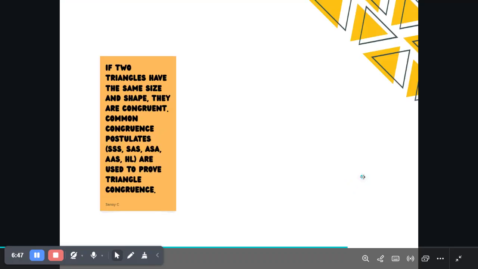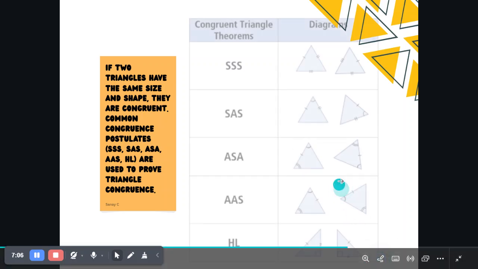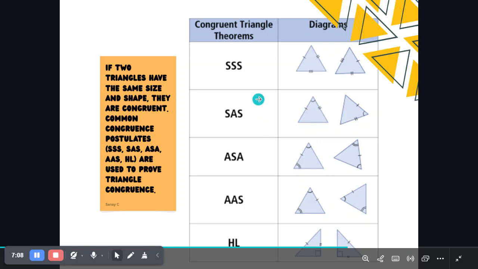we're going to go over the triangle congruence postulates. So if two triangles are exactly the same size and shape, they are congruent, meaning that they can have the common congruence postulates, which include SSS, SAS, ASA, AAS, and HL.